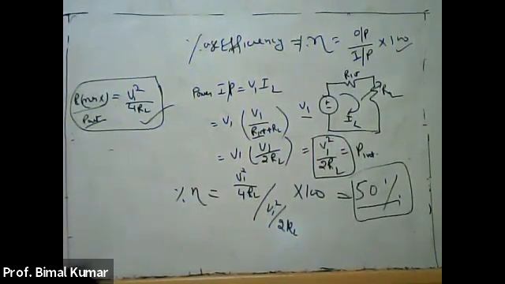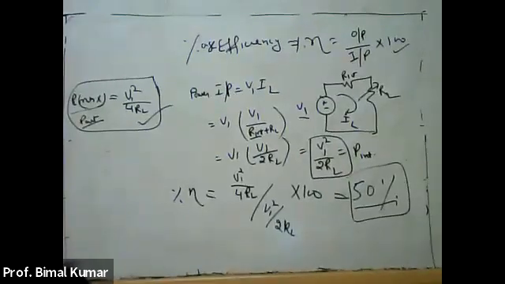So simply you will have to apply Thevenin theorem across the circuit, calculate VOC using the same steps as the Thevenin theorem, and calculate R equivalent by short circuiting all the voltage sources and open circuiting all the current sources. Fine.